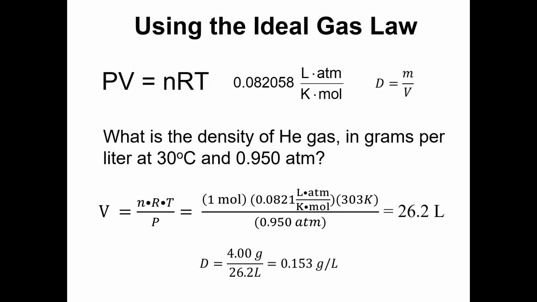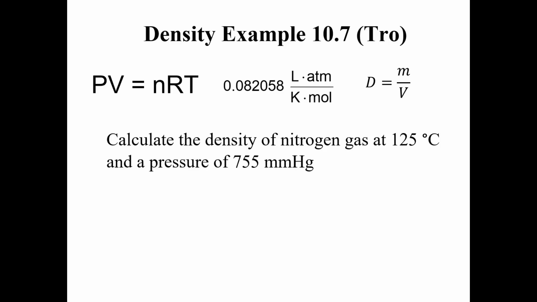There are several in the book. Let's do one more, okay? So here we have: calculate the density of nitrogen gas. A very similar problem here, right? We have to calculate the density of nitrogen gas at 125 degrees Celsius and a pressure of 755 millimeters mercury.